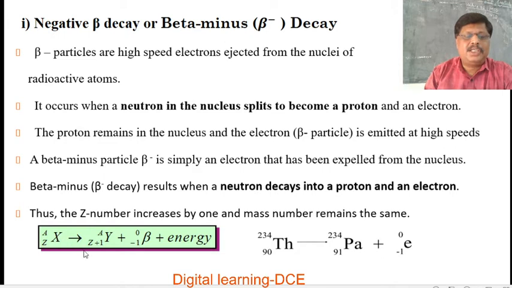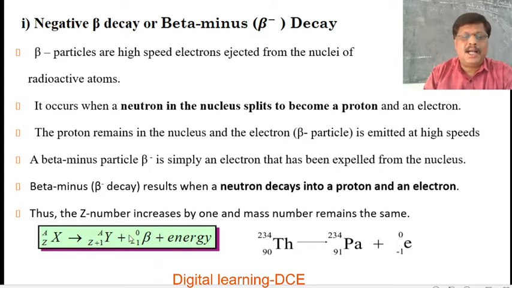ZXA gives rise to Z plus 1 YA plus minus 1 beta 0 plus energy. Here, whenever a radioactive nucleus undergoes beta emission, its atomic number increases by 1 and mass number remains the same.